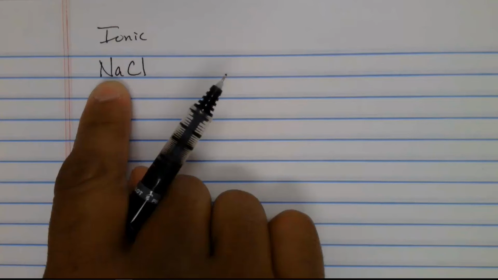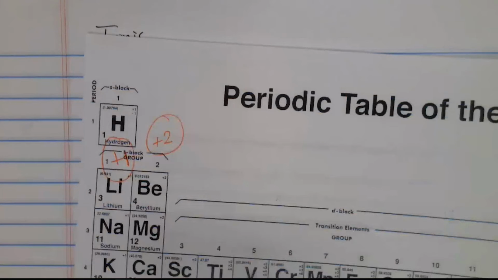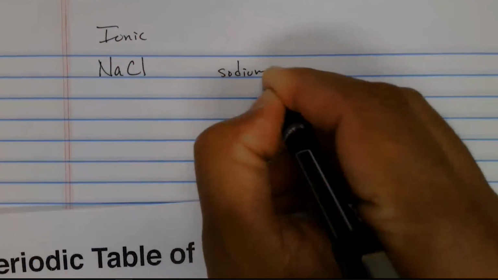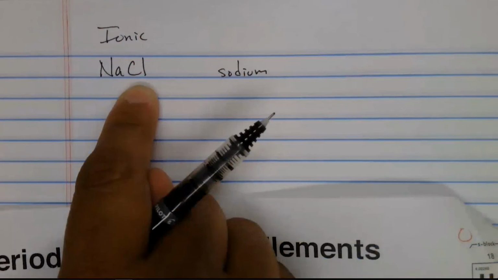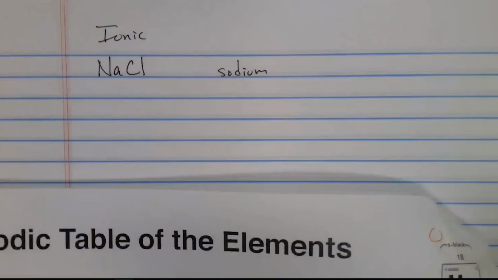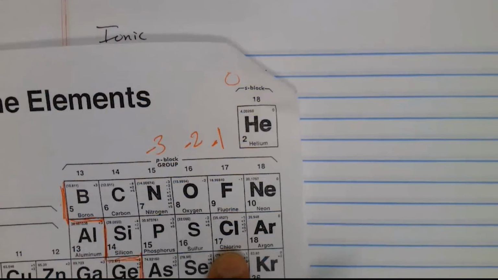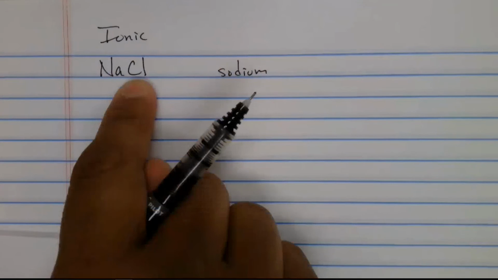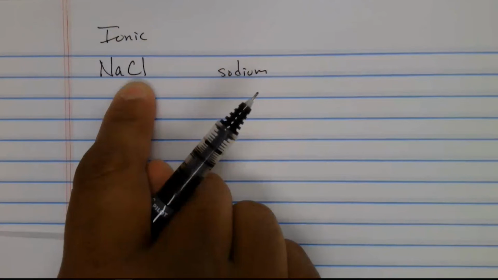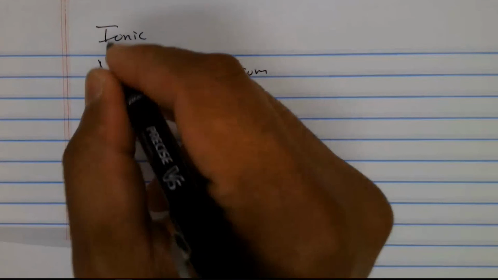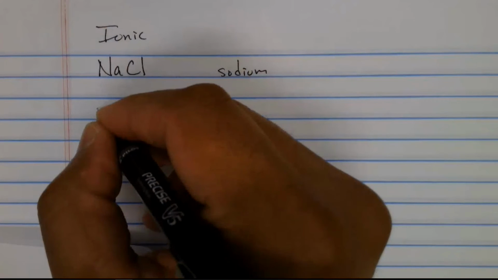So Na is the name for sodium, and Cl is the name for chlorine. However, this is not a chlorine. This is an ionic compound. And so that means there are ions present.